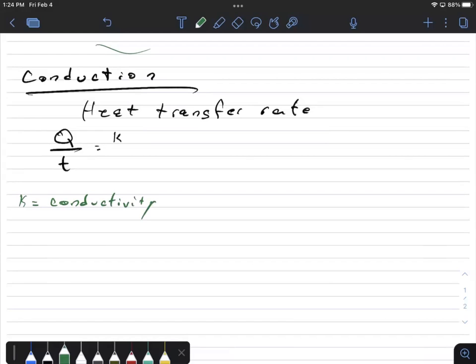Conductivity, like specific heat, is a number associated with a particular material. So each material has its own conductivity. And what it describes is how easily does heat move through the material.